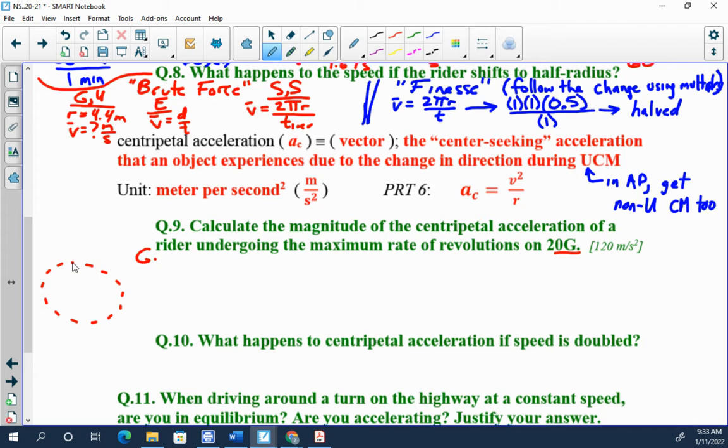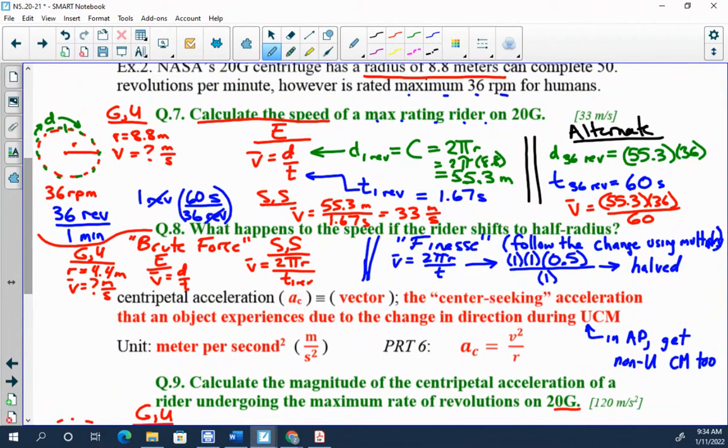So draw yourself a little circle. Then let's get our givens of units. What do we know? This is going back to the original question now. We're not talking about question 8 where we shifted to half radius. So the original question, the radius was 8.8 meters. We had determined that the average speed was 33 meters per second. If you don't recall, come up over here.